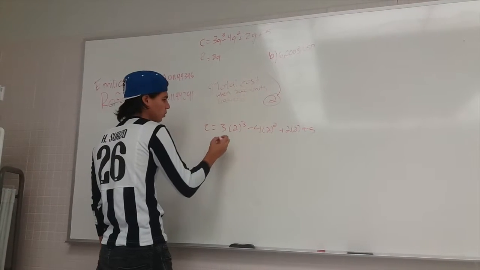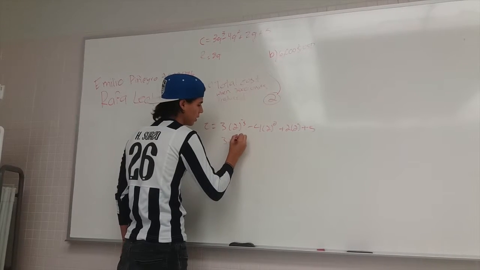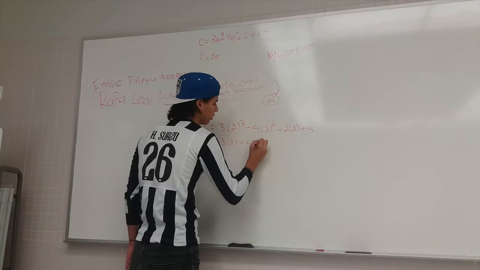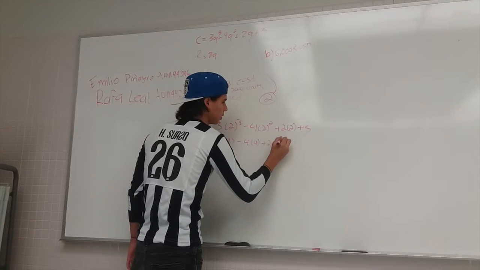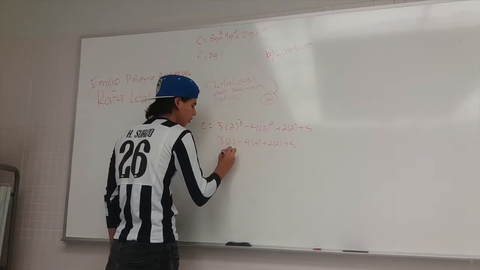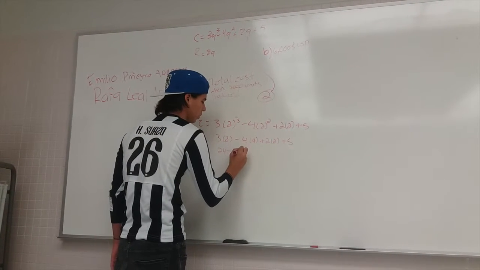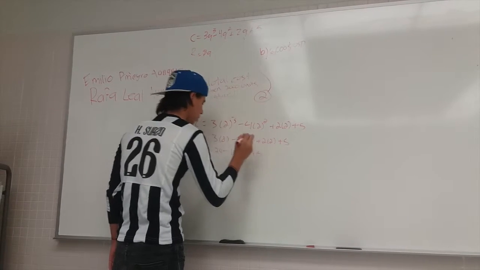So this is equal to 3 times 8 minus 4 times 4 plus 2 times 2 plus 5, and this is equal to 24 minus 16 plus 4 plus 5.